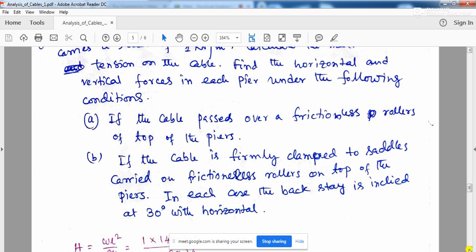In both cases, you will have to find out how much force is generated on the pier.